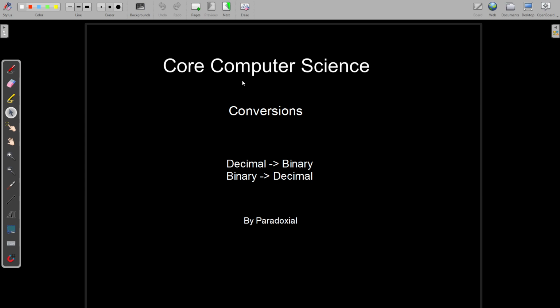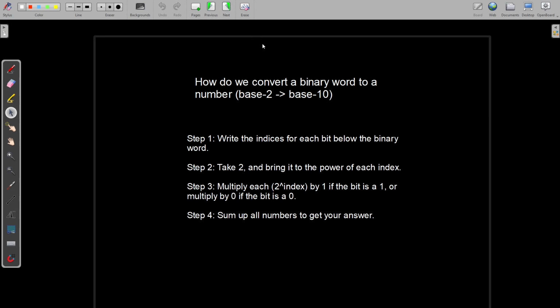Alright. Conversions between binary and decimal numbers. So how exactly do we convert a binary word to a number, which is also known as base 2 to base 10 conversion? Well, there are 4 simple steps involved. We need to write the indices for each bit below the binary word.